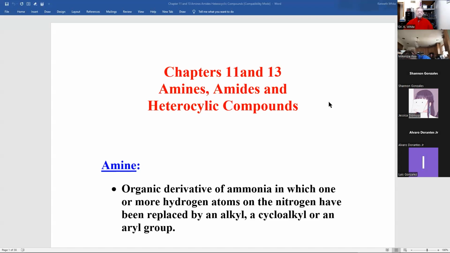And let's talk about chapters, if you're reading the book, which you don't have to, but if you were, 11 and 13. And this deals with amines, amides, and heterocyclic compounds. And in this chapter, coming attractions, I'll teach you how to get your clothes nice and soft.